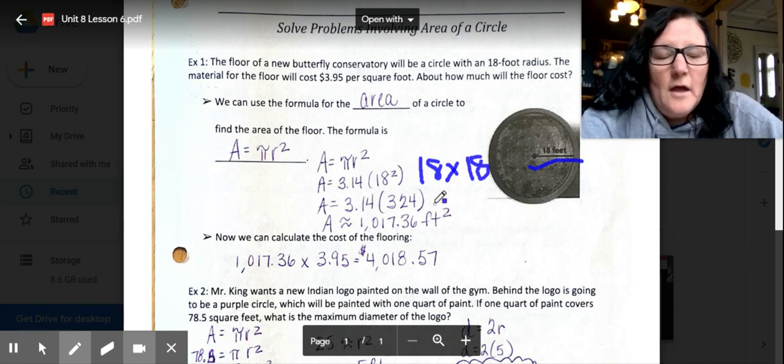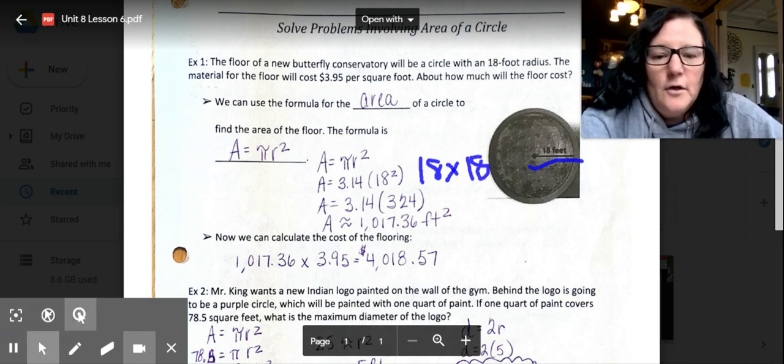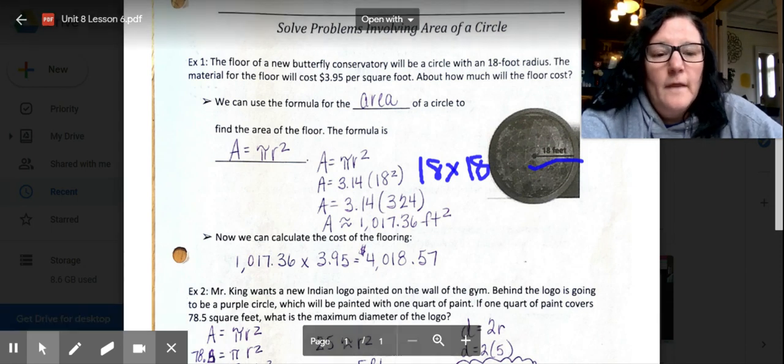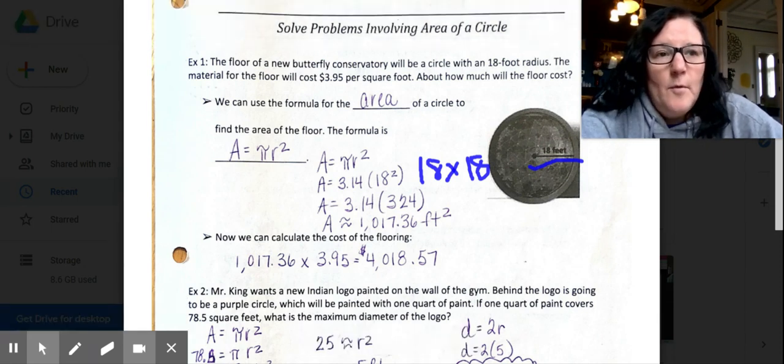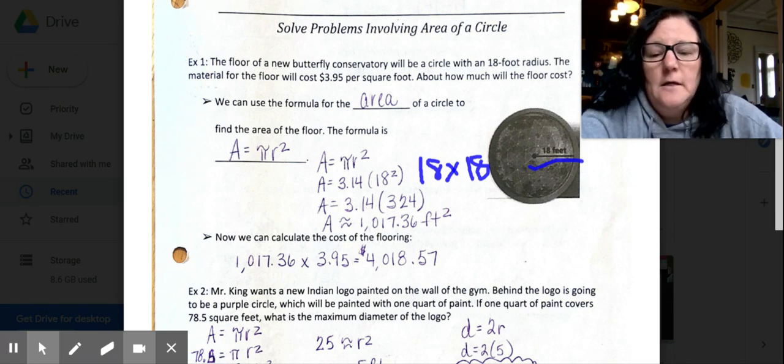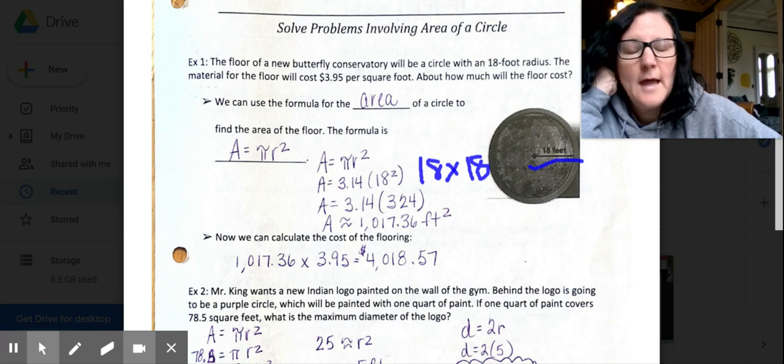So if you put in your calculator 18 times 18, you're going to get 324. Then you're going to take 324 and multiply it by 3.14. Then you're going to say that your area is approximately 1,117.36 feet squared, because we're talking about area.